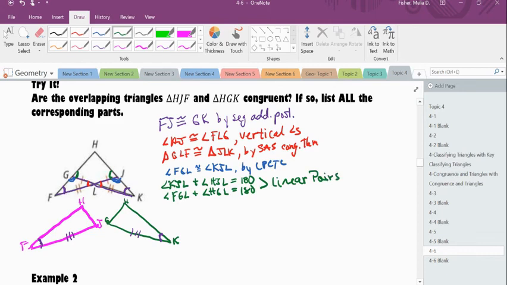And then from there, we can draw the conclusion that angle HGL is congruent to angle HJL by the transitive property.